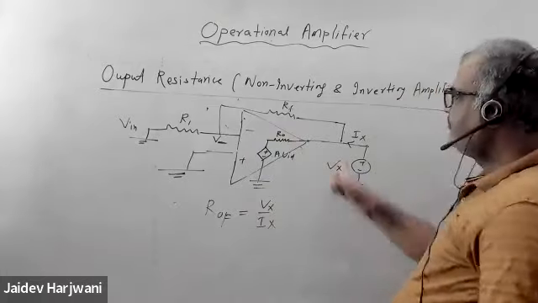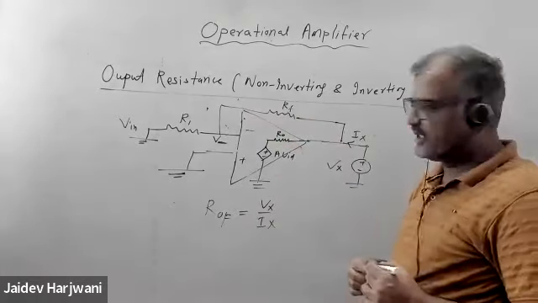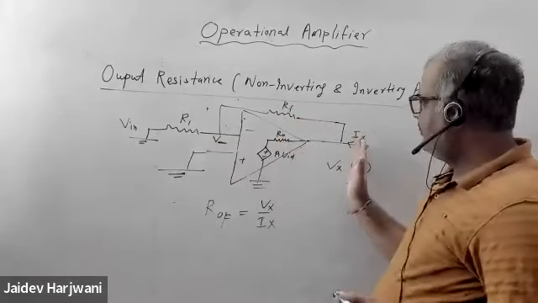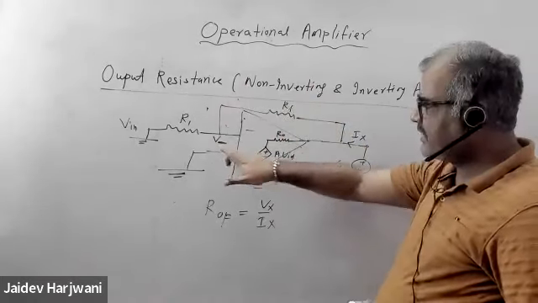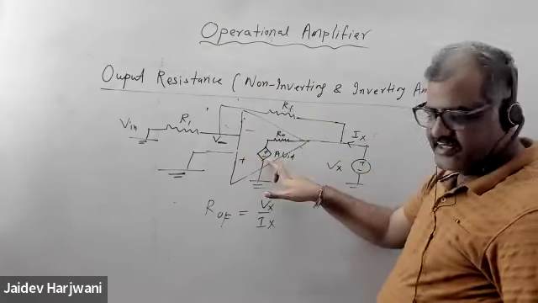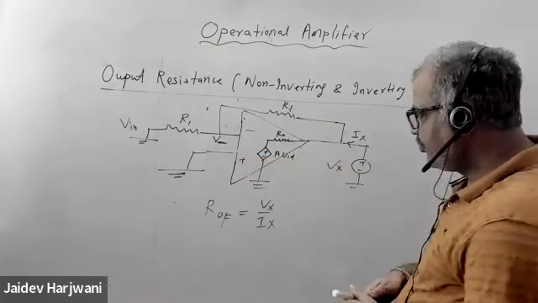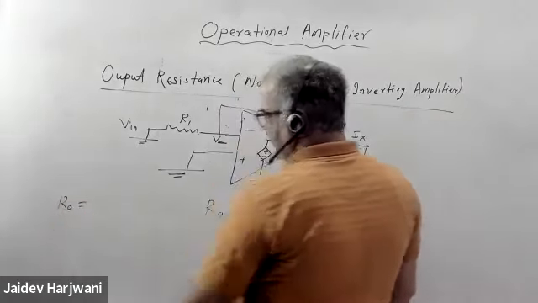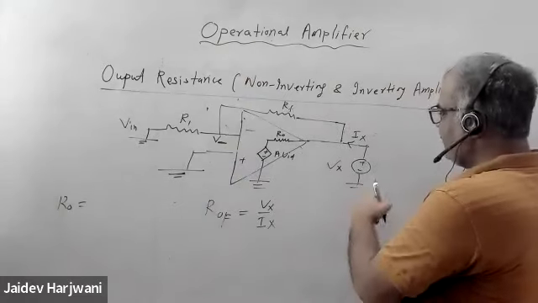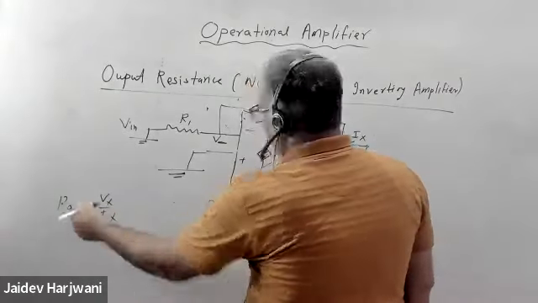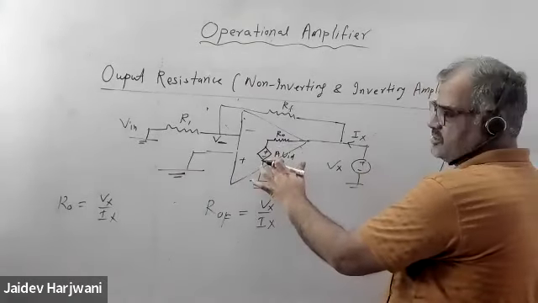Now suppose if this feedback is not there, it is an open circuit. In the open circuit, this V minus will be 0 because no voltage feedback will be there at this point. When the difference is 0, automatically this is 0. So in the case of open, you simply get Vx upon Ix, and Vx upon Ix is only R naught because this becomes 0.